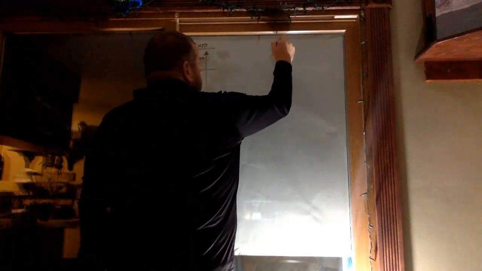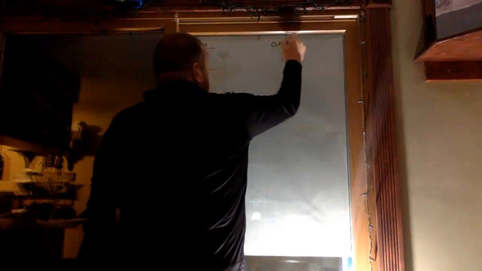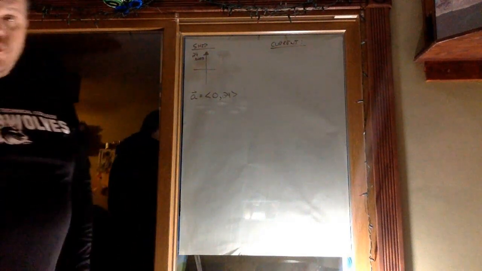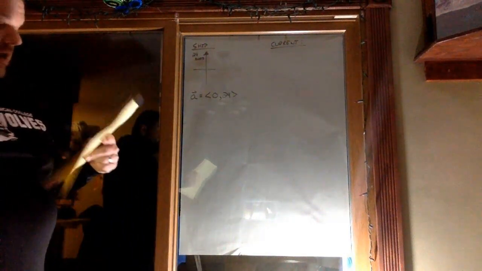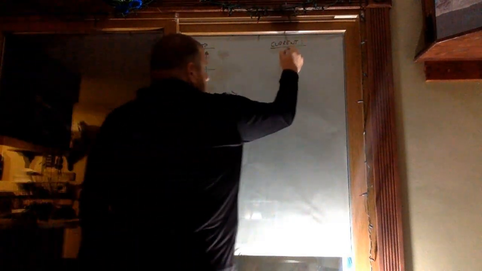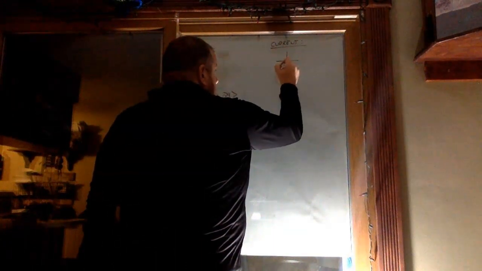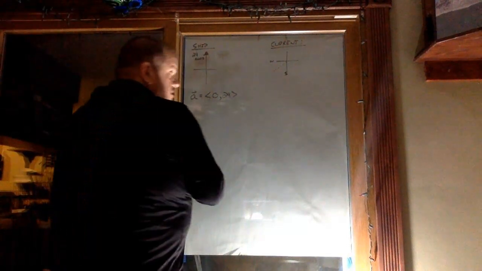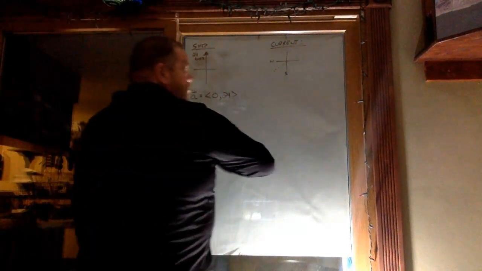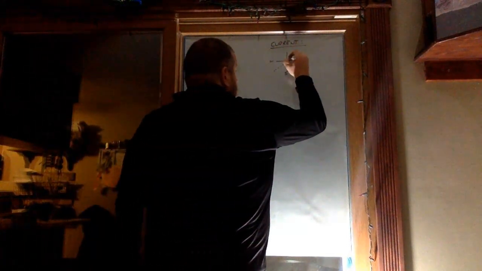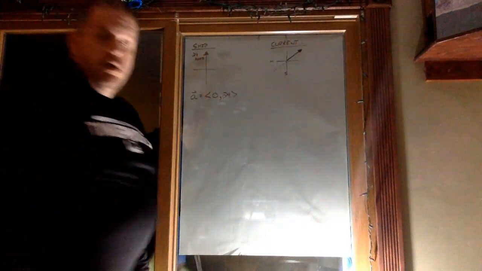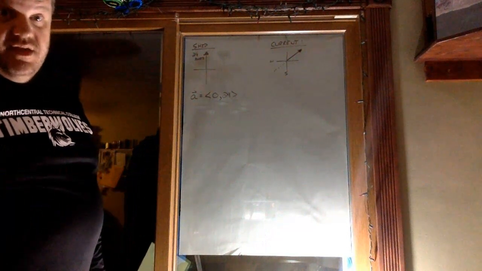Then we got some current going on. The current is flowing from the southwest. Well, this is west, this is south. So there's the southwest, so it's flowing from the southwest, which means it is flowing to the northeast.